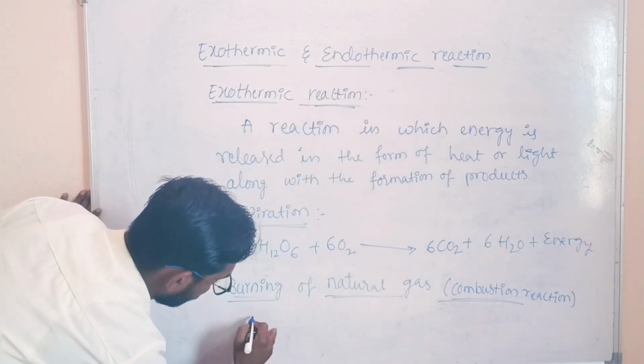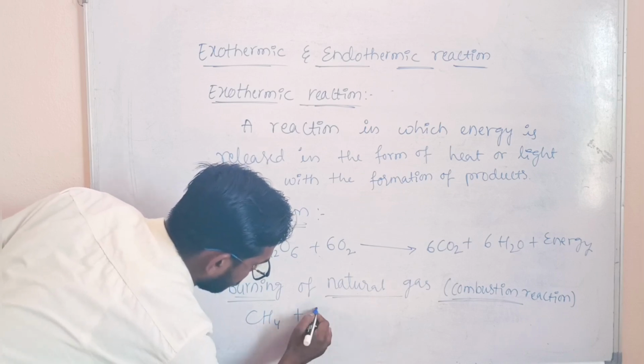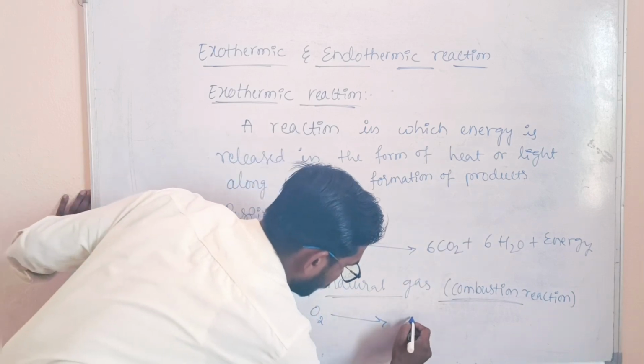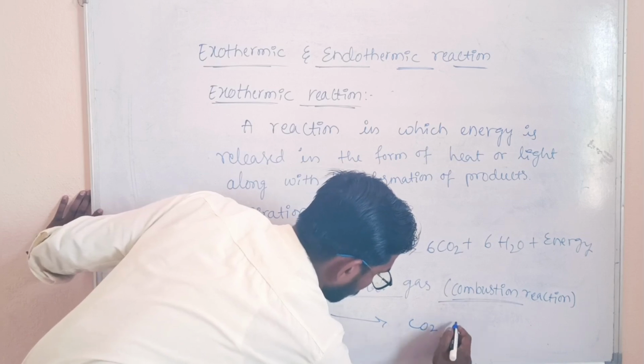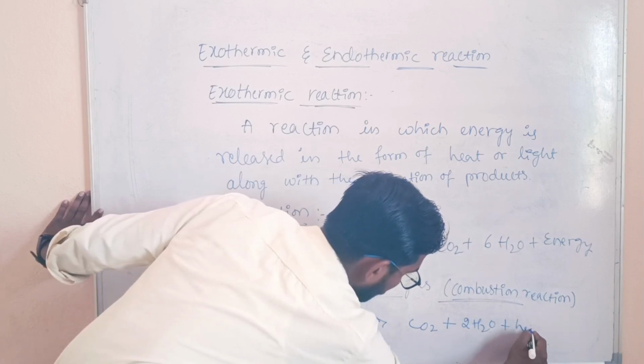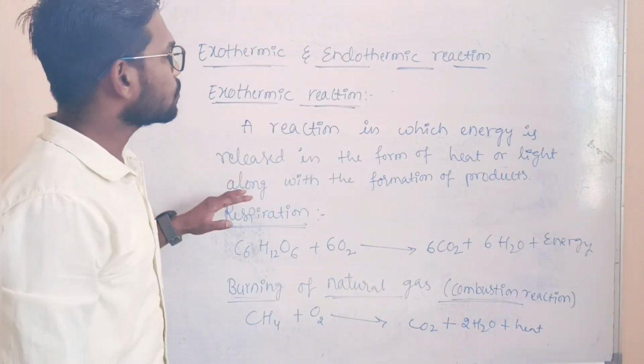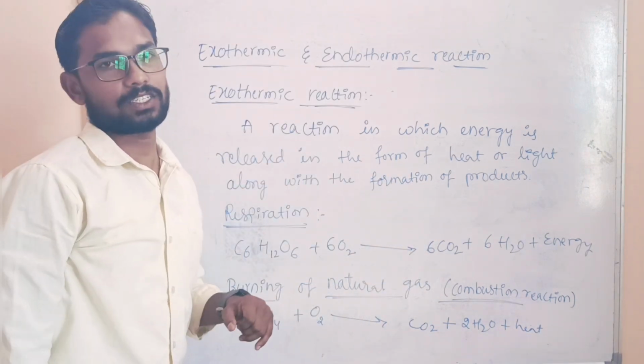And after that CH4 is going to react with oxygen and it is going to form CO2 plus 2H2O plus heat energy will be produced. See here, this is what the exothermic reaction.